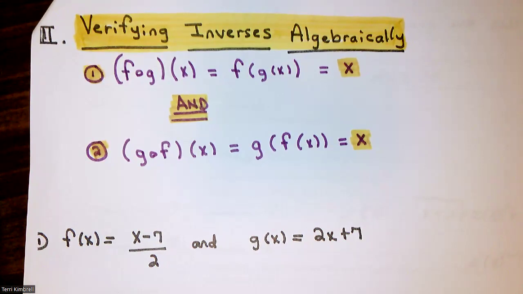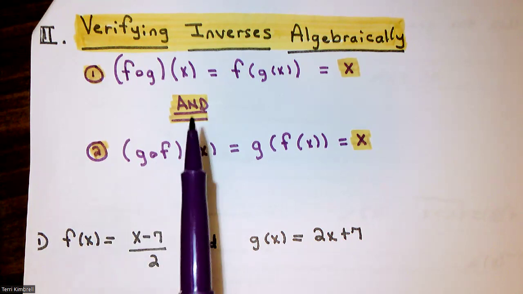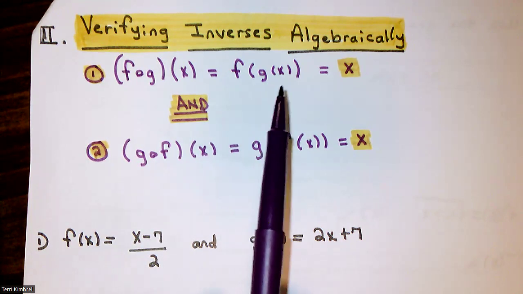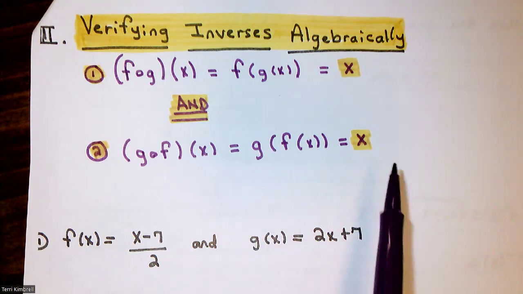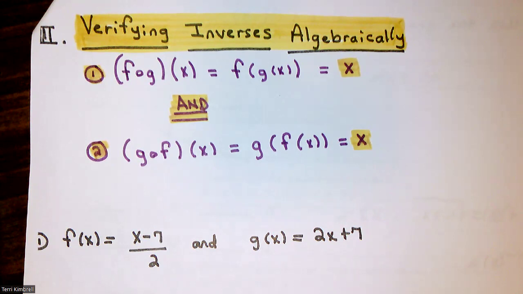Okay, to verify inverses algebraically, you have to do the compositions. So f of g of x and g of f of x should give you x. So we're going to do the next 2 questions algebraically to see if we get back the identity function.